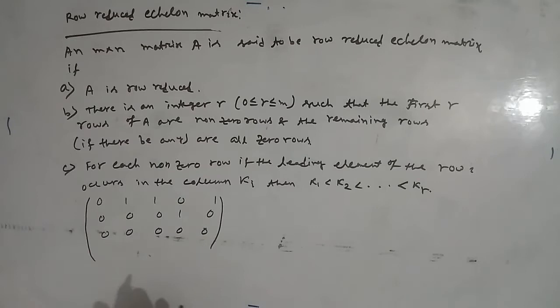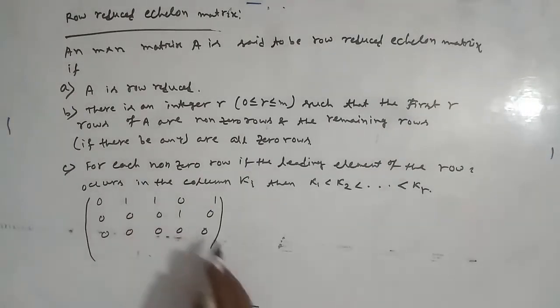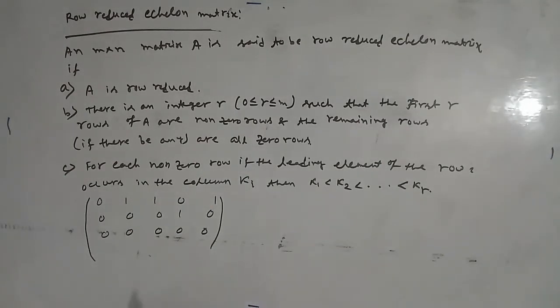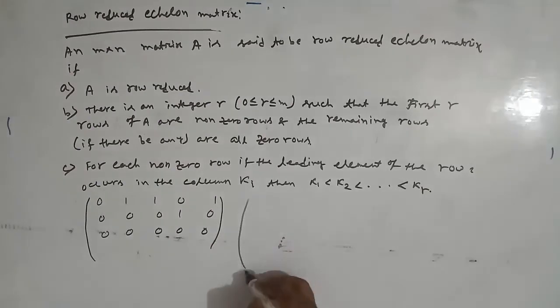Okay, it is not required that it occurs in the immediate next column, it should be in a later column. So it is in the second, so it should be after the second column. As an example, it is in the fourth column, so like this. Okay, I will give you another example of a row reduced echelon matrix.